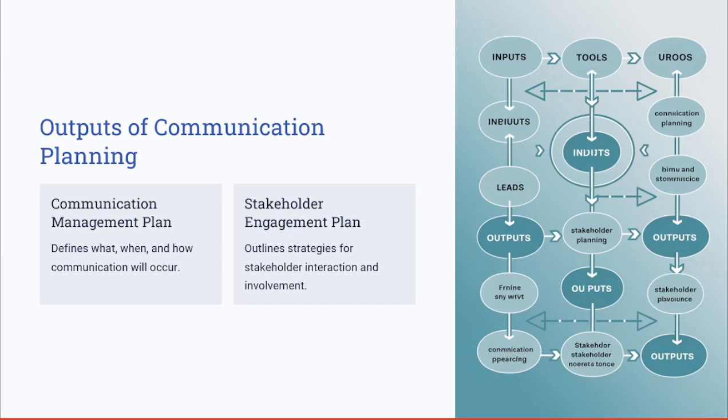These are the final outputs, the only outputs for communication planning: the communication management plan and the stakeholder engagement plan. The communication management plan ensures structured and timely communication, while the stakeholder engagement plan defines the strategies to keep stakeholders engaged and managed effectively.